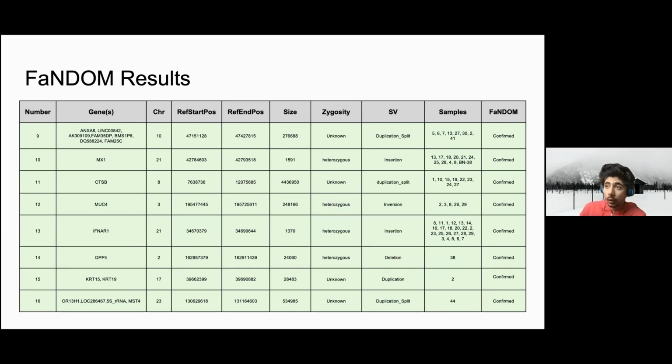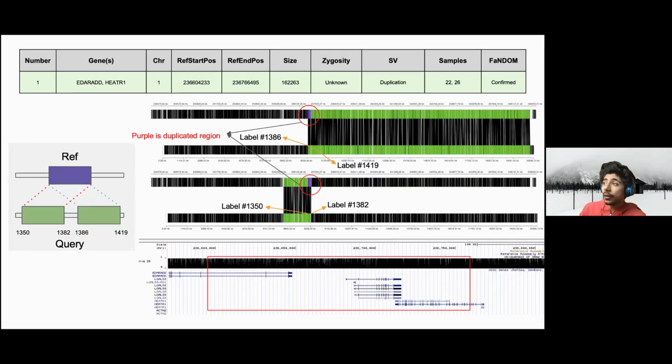Next, I'm visualizing 2 of our findings and showing how we detect them. Here is an example. This is a duplication found in chromosome 1 in these 2 genes. This visualization was made by MapOptics. As we can see, there is one purple region here that is duplicated.